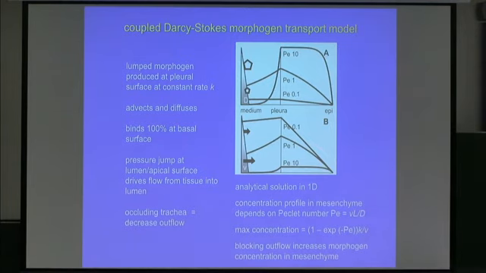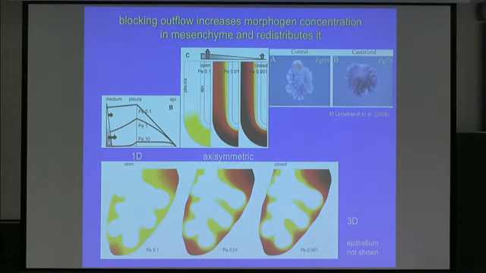We got to look at 2D at least to see what's going on. And we do the same thing. We look at an axisymmetric model of this transport, and we see essentially the same thing that we see in 1D: as you're decreasing the Peclet number because you're closing off the trachea, you get a higher concentration in the tissue, which is what is seen in vitro in these experimental cases. There is an actual chemical that we're thinking about.